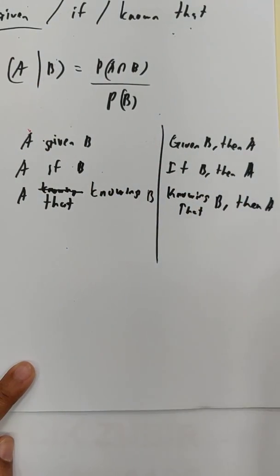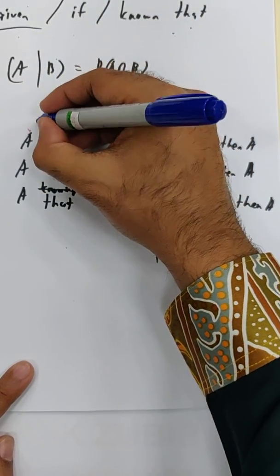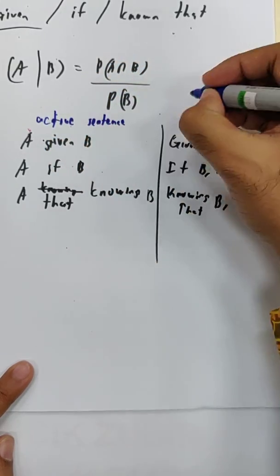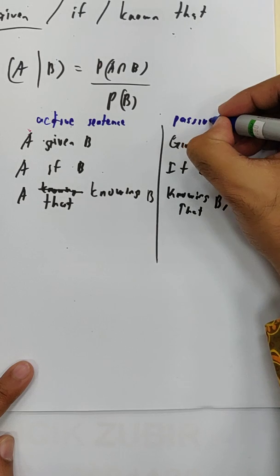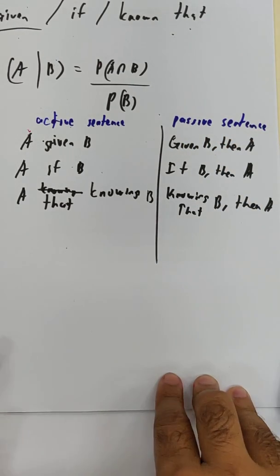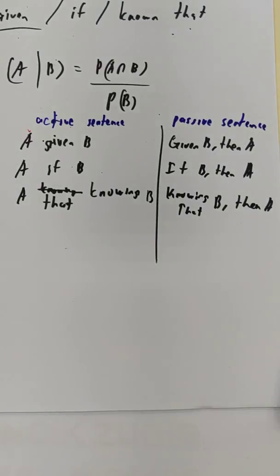This is what you used to call an active sentence and a passive sentence, which I think is the cruelest of all questions.